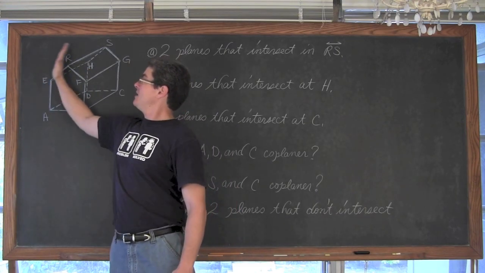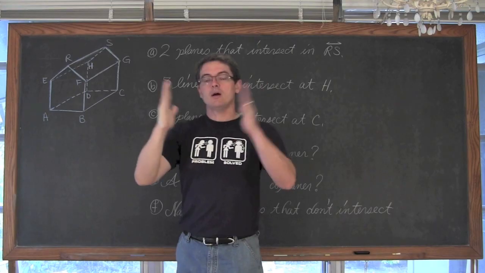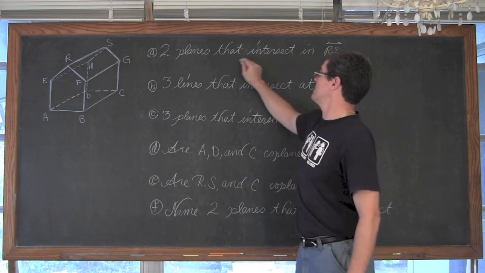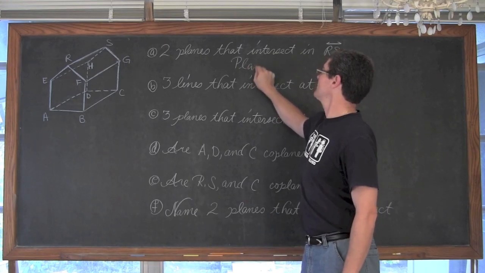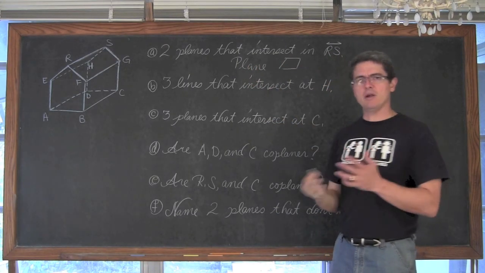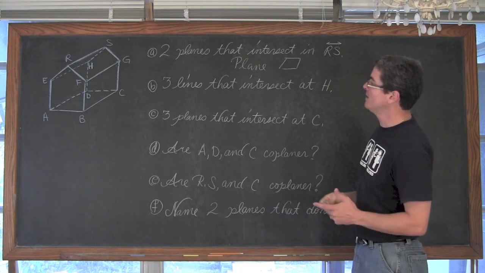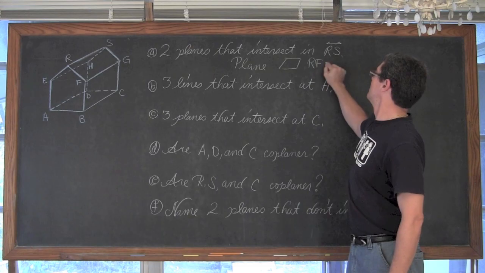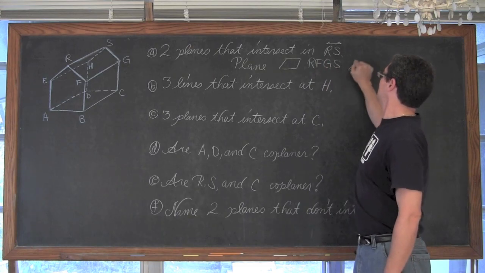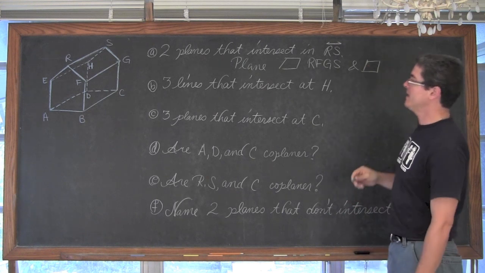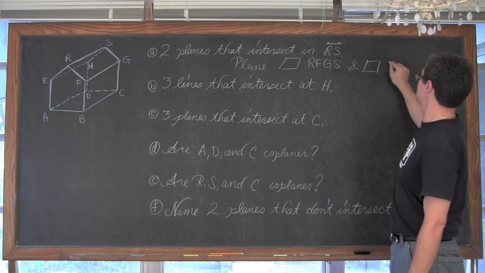That plane is leaning over to the right, and together they're coming to form that line RS. So again, you can do that with a little parallelogram figure as well. So plane RFGS and plane ERSH.